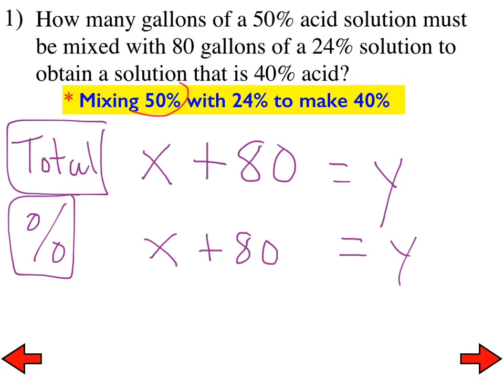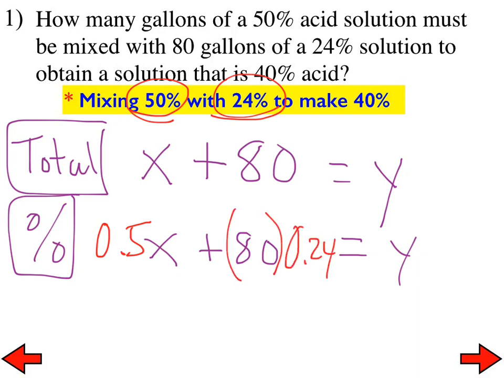So since x represents 50%, 0.5 right there. Since the second value that we're mixing with that is 24%, we're going to multiply this by 0.24. And then we don't know how much we have of the 40%, and that's the percent part that goes right here. Any questions at this point?